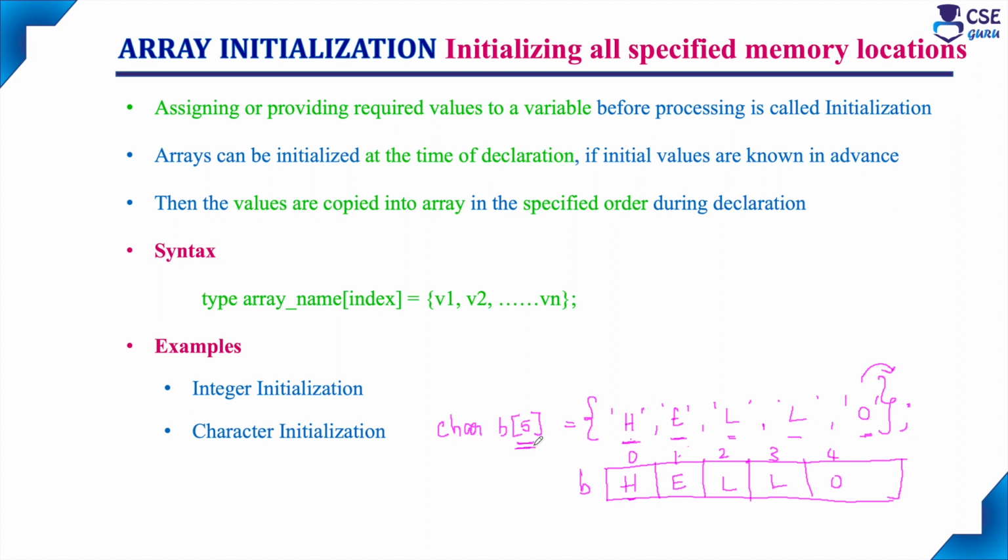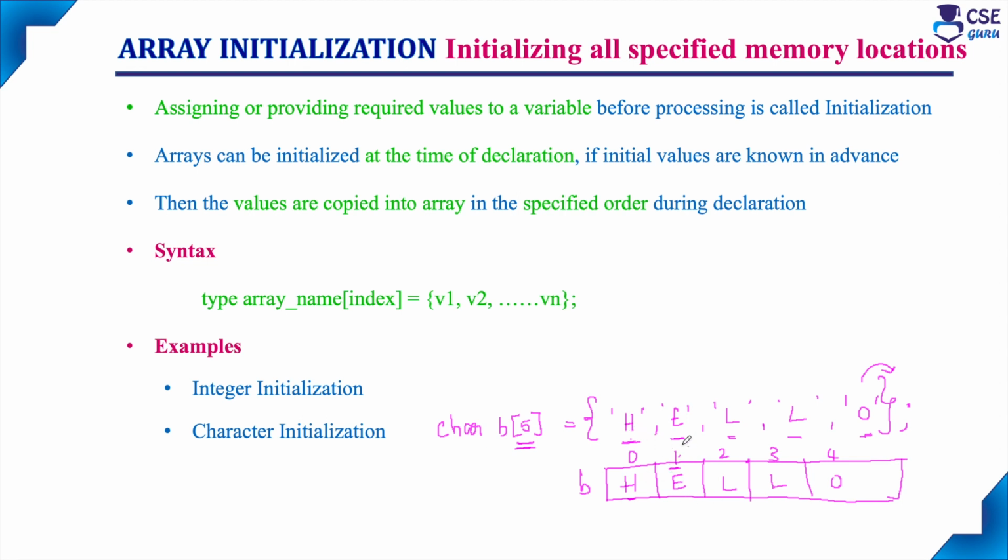So this is array initialization, and the first method is initializing all specified memory locations. Whatever values we give continuously, it will take the first value for the 0th location, the second value for the first location, the third value for the second location. That is B of 0, B of 1, B of 2, B of 3, B of 4. Likewise, it will take them continuously starting from the 0th location. It won't skip any location in between.